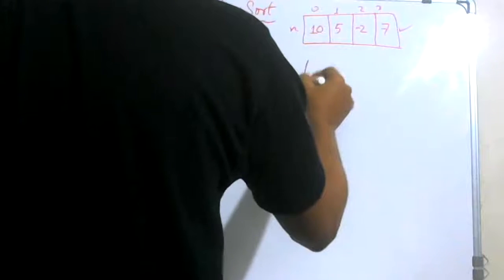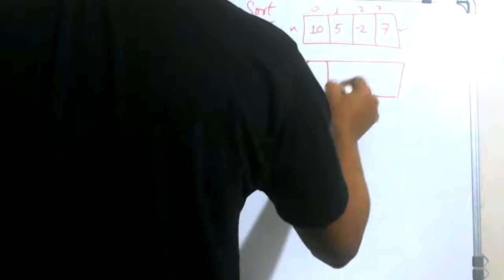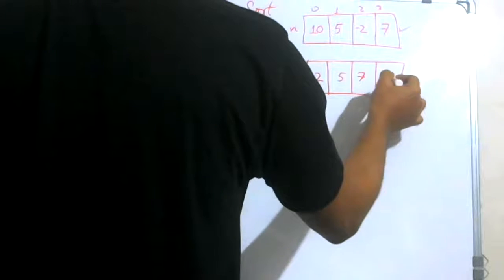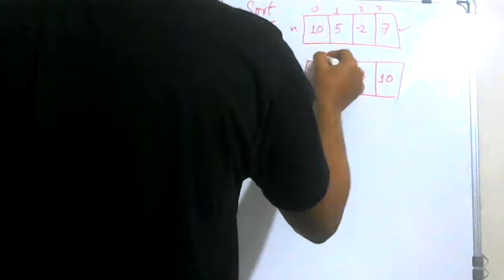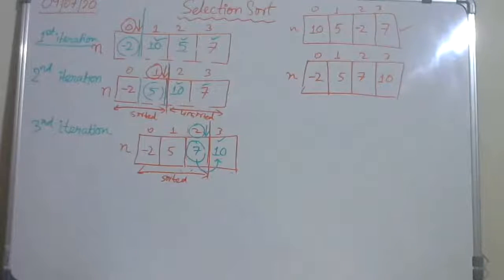So this was the original array, and the array sorted in ascending order is as follows. After the third iteration, the array that we are getting is -2, 5, 7 and 10. As you can see, the elements are sorted in ascending order, starting from the smallest and going to the largest.